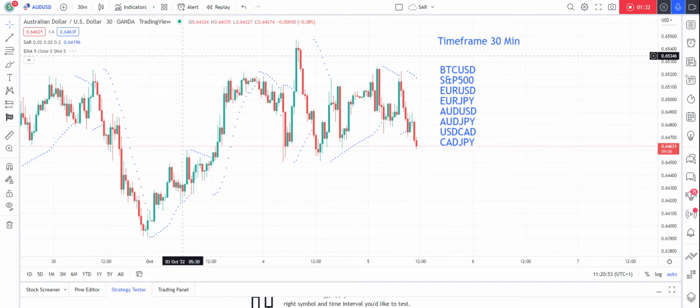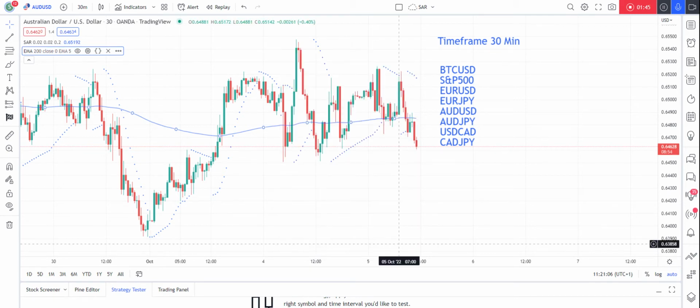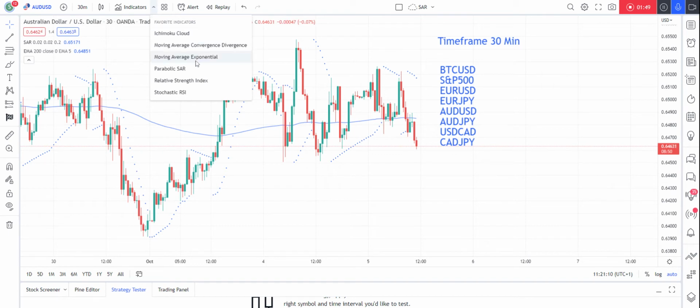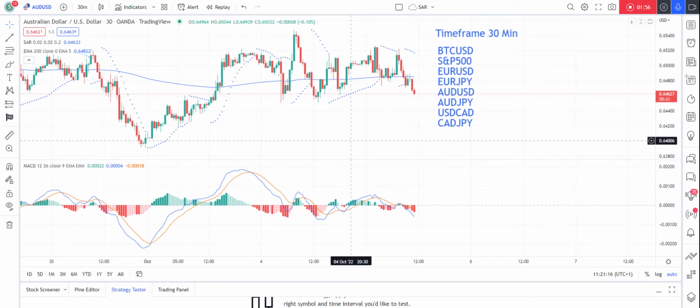Then we're going to use the moving average. We need to make a couple of changes here, such as the 200, needs to be the 200, and make it EMA, right? And then the last one is the MACD, which I bet everyone is quite comfortable and knowledgeable of this indicator.